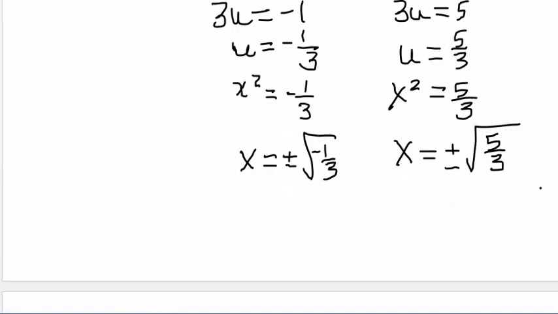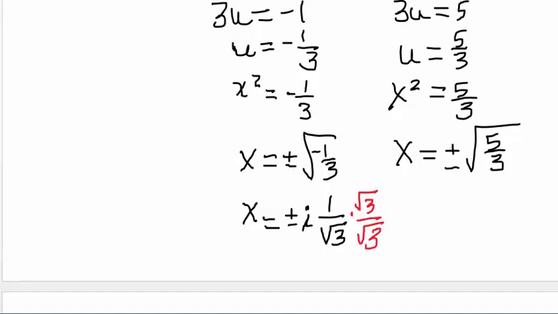All right, so I will rewrite this as plus or minus i times the square root of 1, which is 1, over the square root of 3. And I'm going to simplify that radical by multiplying numerator and denominator by the square root of 3.